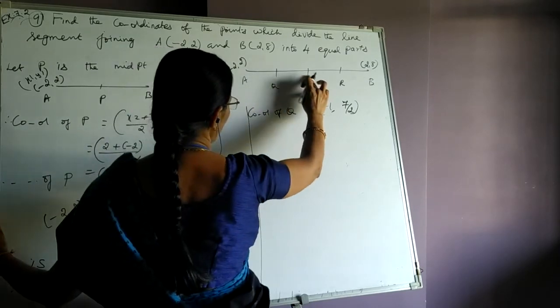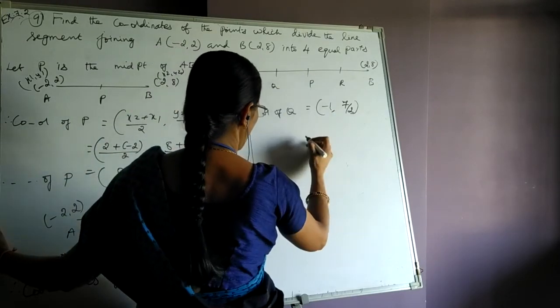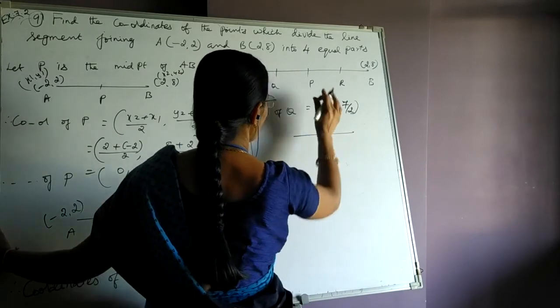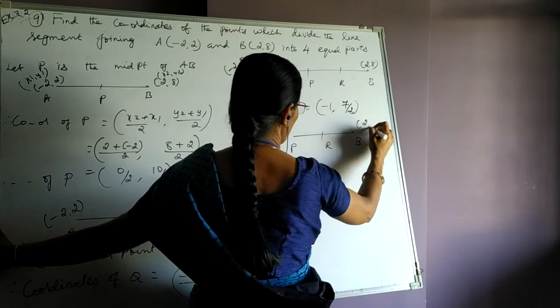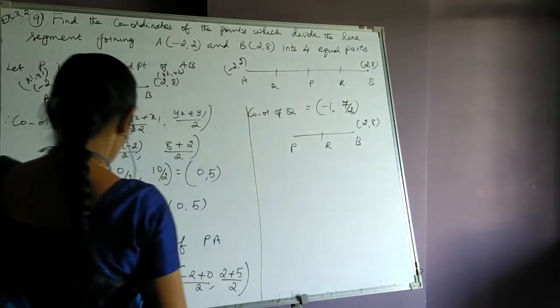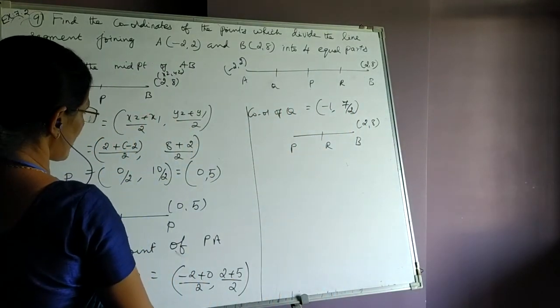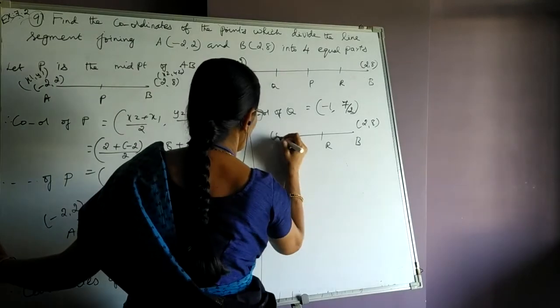So we got P and Q. What is left over? R. R is the midpoint of which line segment? PB. Therefore, using PB, we are going to get coordinates of R. What is the value of P? (0, 5).